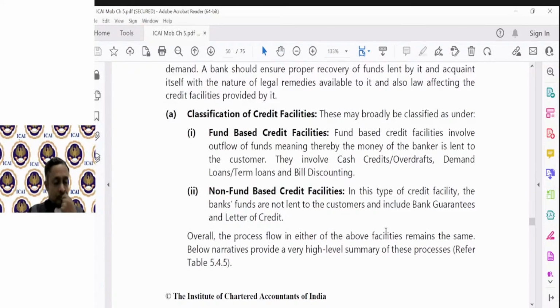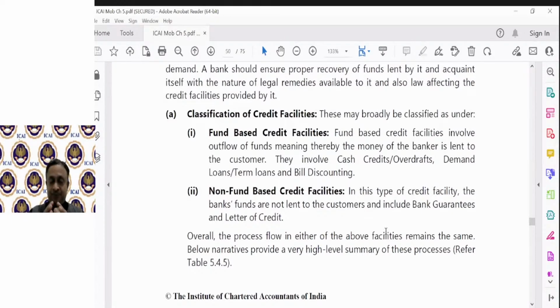Non-fund based is where at the time of giving the credit facility, the banker's cash is not involved at that moment. So LCs and BGs, the letters of credit and bank guarantees, are where the banker's funds are not involved at the time of granting the facility.